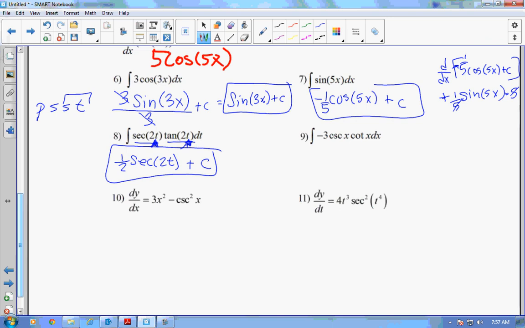Work together with your group. Talk it out. If I took the derivative, what would give me the derivative equaling cosecant cotangent?